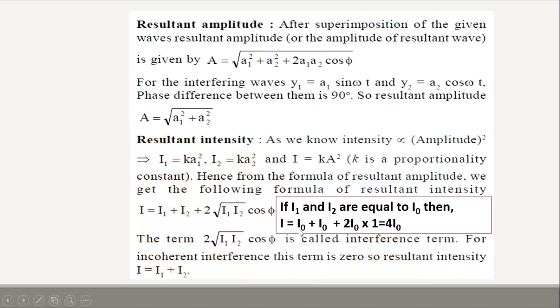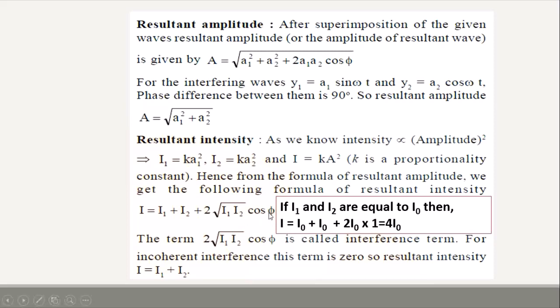In place of I1 and I2 we have to put I naught, because we have assumed that the two waves have the same intensity. If they have different intensities, then we put I1 and I2, where I1 is the intensity of the first wave and I2 is the intensity of the second wave. In place of I1 and I2, if you put I naught, then you get I naught plus 2 root of I naught square into cos phi.